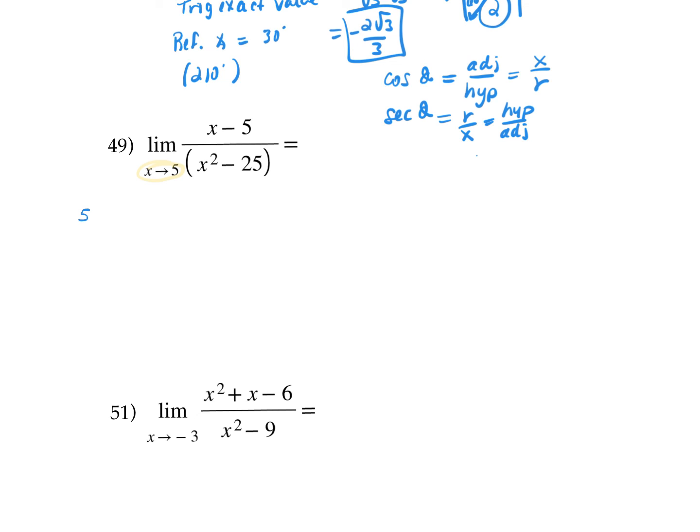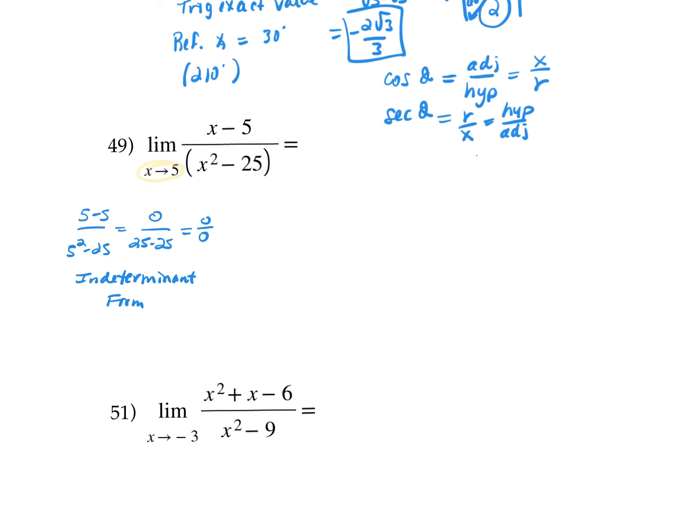You would have 5 minus 5, which we know is 0, over 5 squared minus 25, which would also give you 0, because it would be 25 minus 25. So 0 over 0 is called indeterminate form, meaning we can't determine what it's equal to.